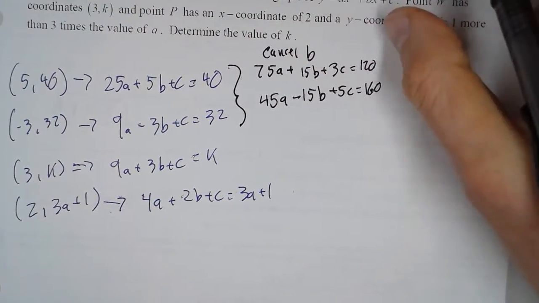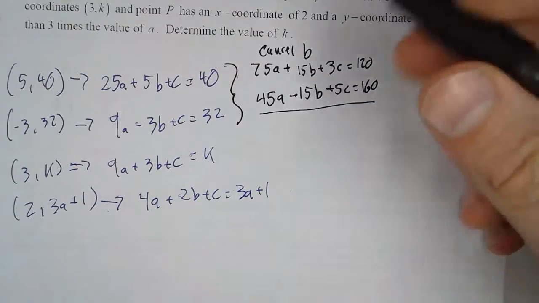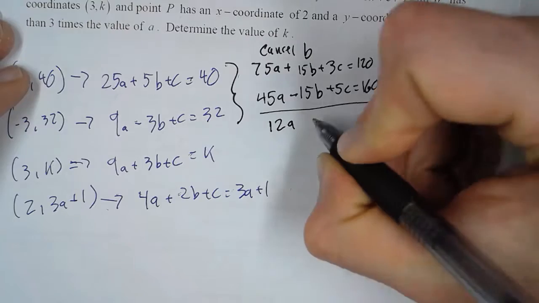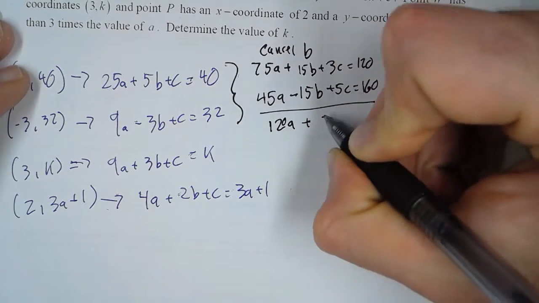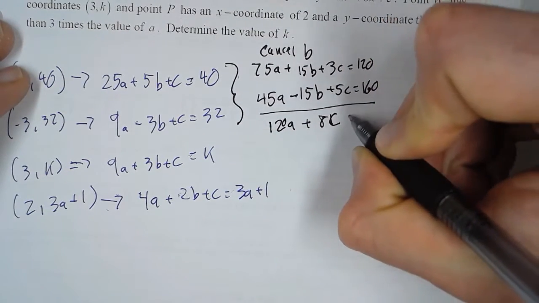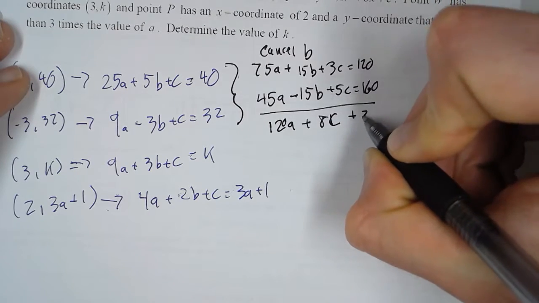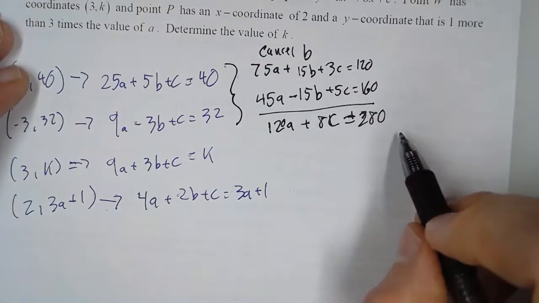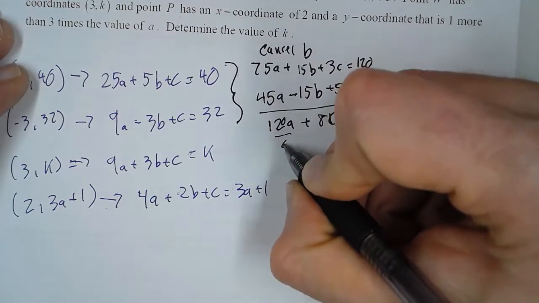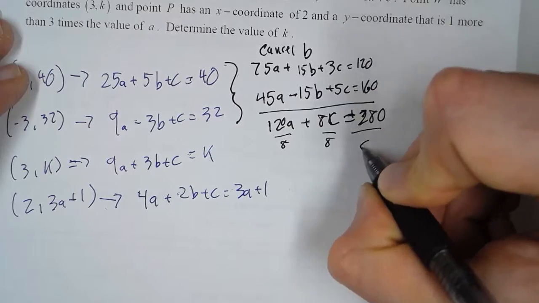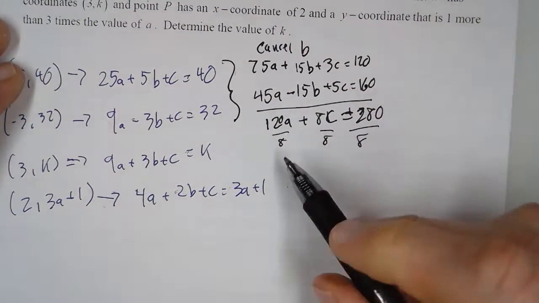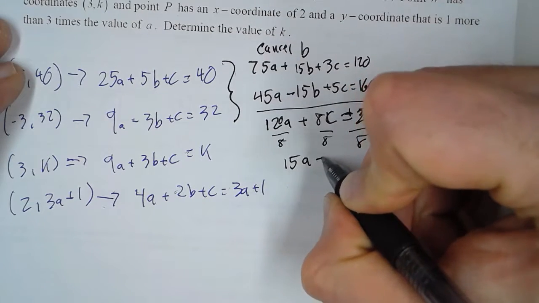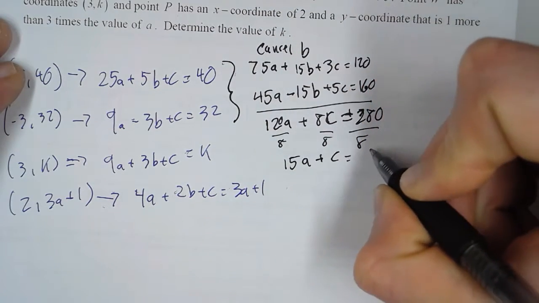Now I can combine these, and I get 120a plus 8c equals 280. So now I can divide everything by 8, and I get 15a plus c equals 35.